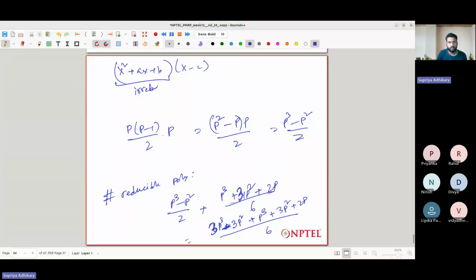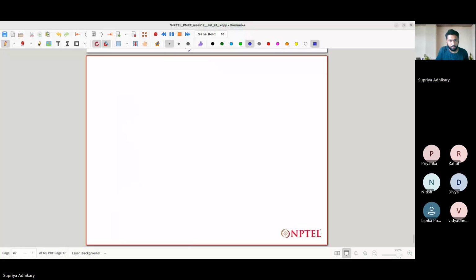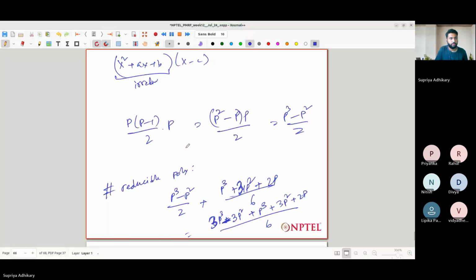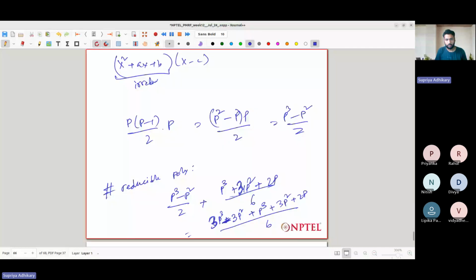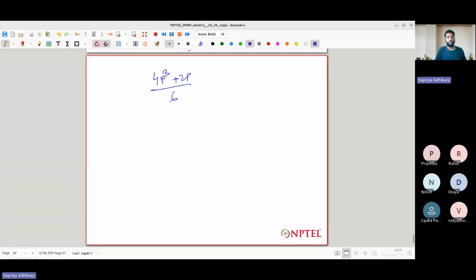So this value over here should be 3p cube, sorry, 4p cube. So p cube and p cube, that gives us 4p cube, and this should be cancelled out, plus 2p over 6. So this is the total number of reducible polynomials.